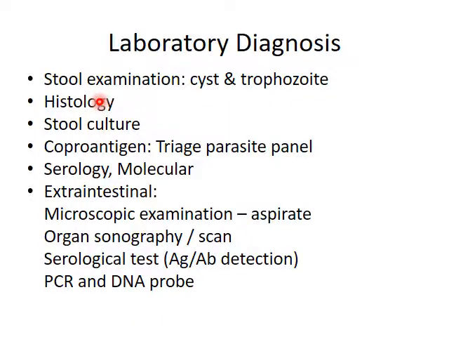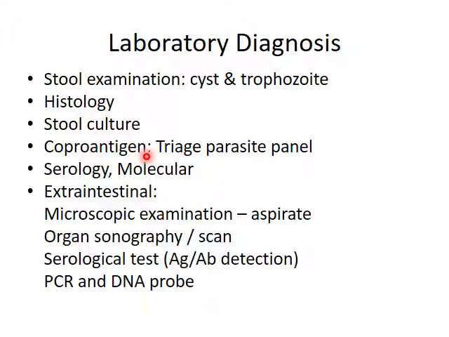It can also be diagnosed by histology, and a lesser known method is the stool culture. Then it can also be detected by coproantigen, that is the detection of antigen in the stool.